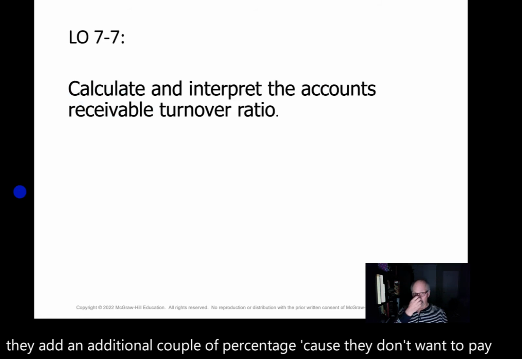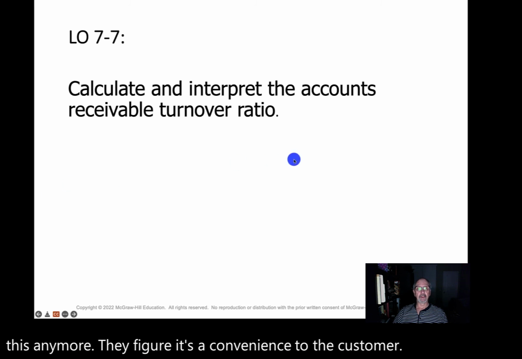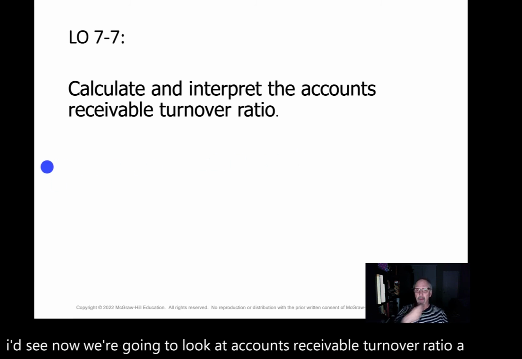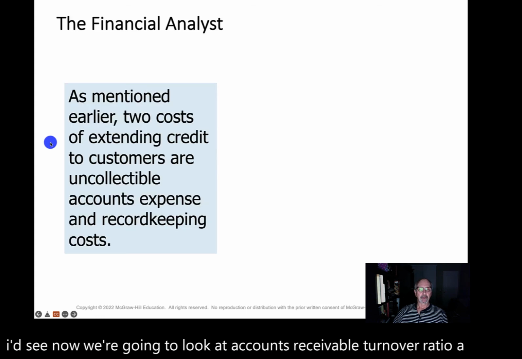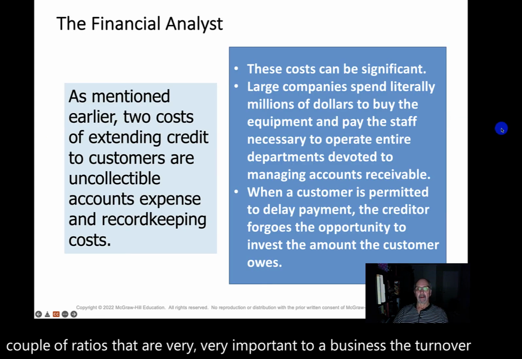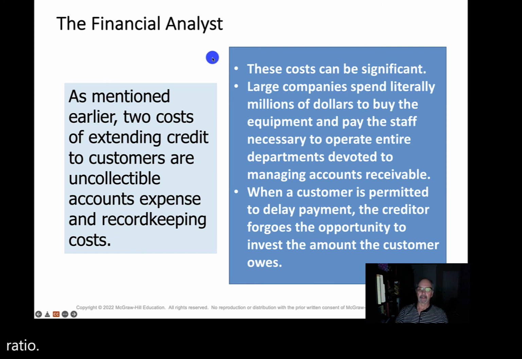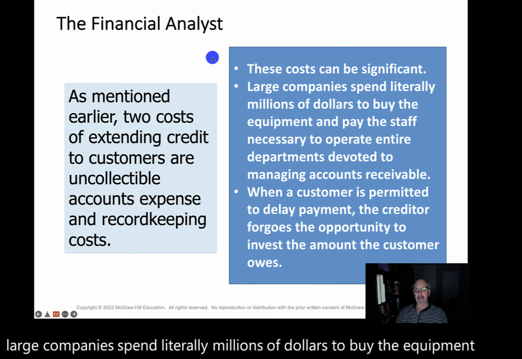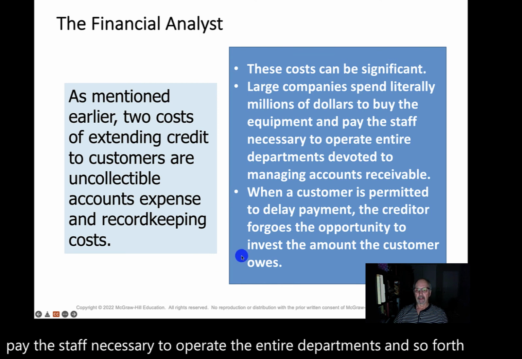All right, so now we're going to look at accounts receivable turnover ratio, a couple of ratios that are very, very important to a business. Large companies spend literally millions of dollars to buy the equipment, pay the staff necessary to operate the entire departments, and so forth. When a customer is permitted to delay payment, the creditor forgoes the opportunity.